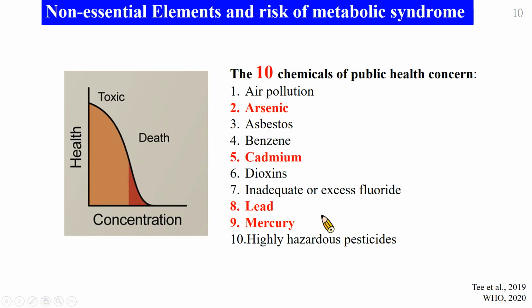And WHO has announced the top 10 chemicals of public health concern. In this case, for example, the first one is air pollution, the second is arsenic, the fifth is cadmium, and the 8th and 9th are lead and mercury. So 4 out of 10 are toxic heavy metals.